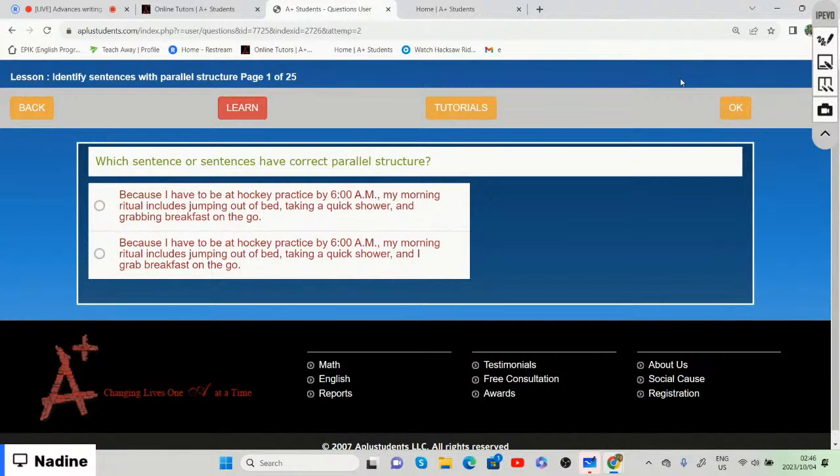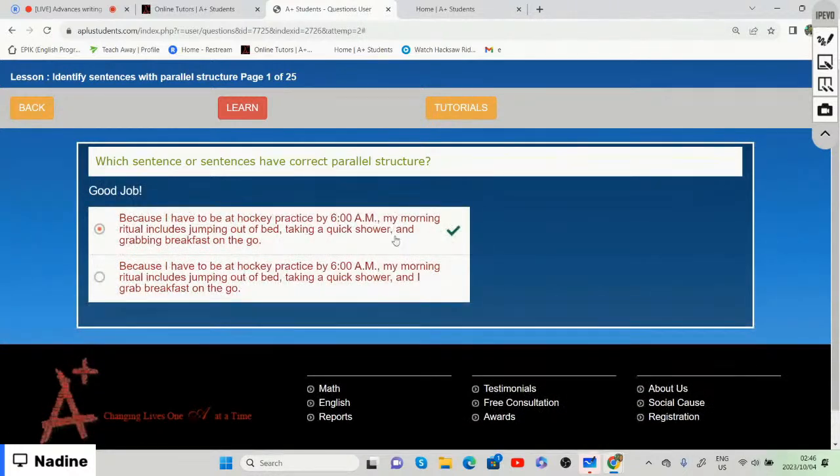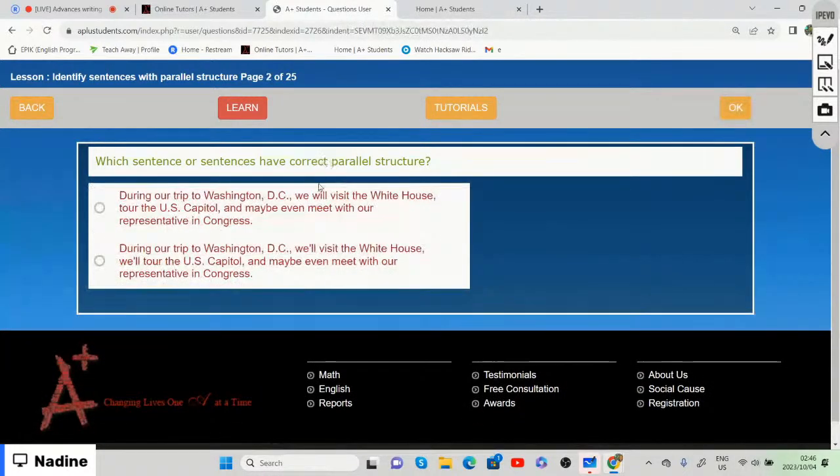Or: because I have to be at hockey practice by 6, my morning ritual includes jumping out of bed, taking a quick shower, and I grab breakfast on the way. Right? We can then go for the first one. It has a correct parallel structure. All right.